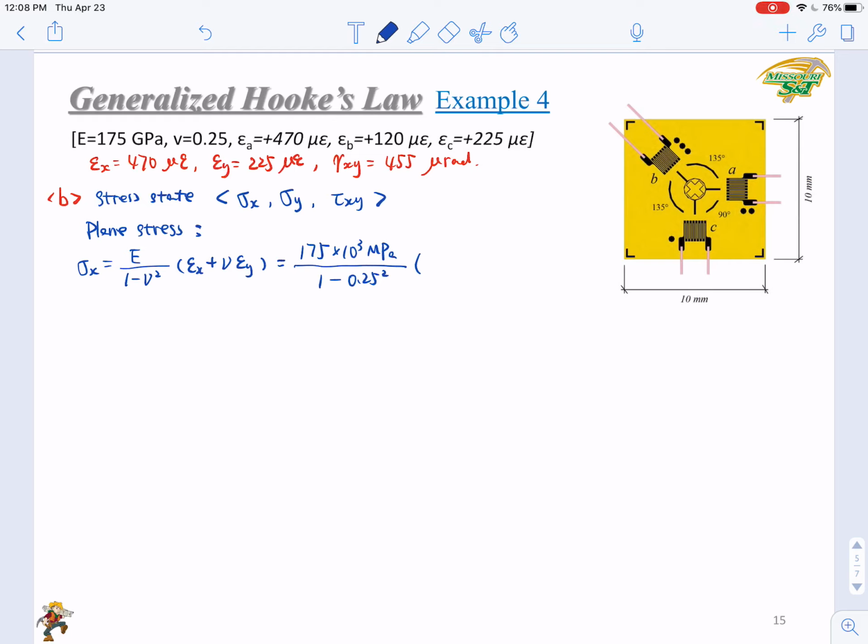Here you have 470 plus 0.25 times 225. Do not forget microstrain. Do not forget this microstrain. So the result will be 98.2 MPa.